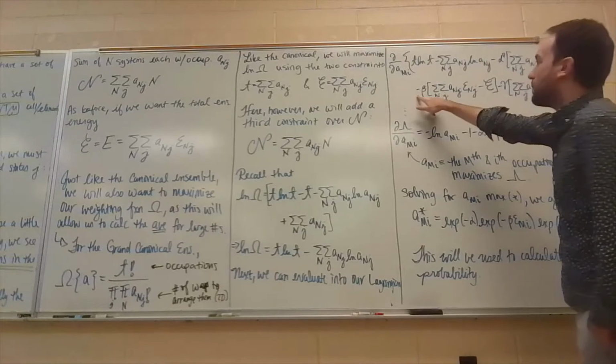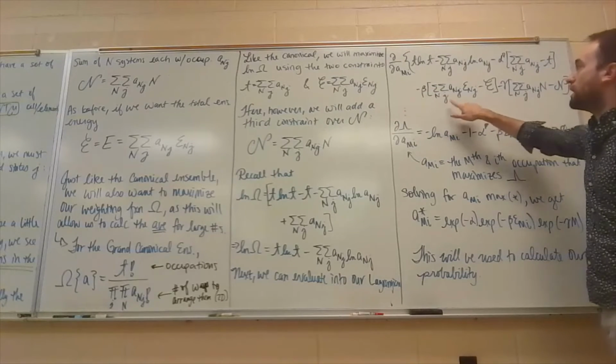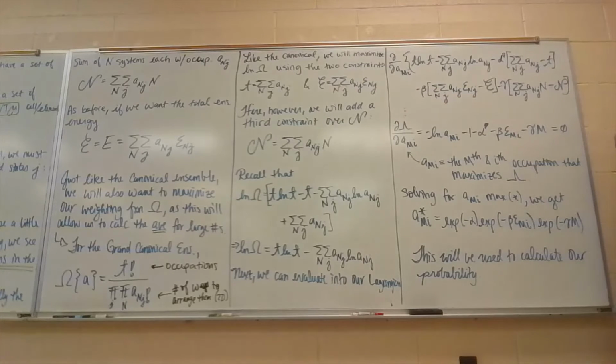Then my second constraint, so I've got minus beta. My second constraint was the sum over Nj of A sub Nj, E sub Nj minus my total energy. And then my third constraint was minus gamma times my third constraint, which was the sum over Nj, A sub Nj times N minus my total number of particles, which was my script N.